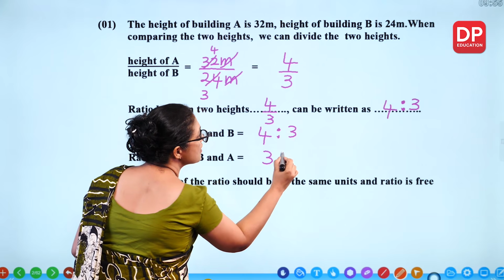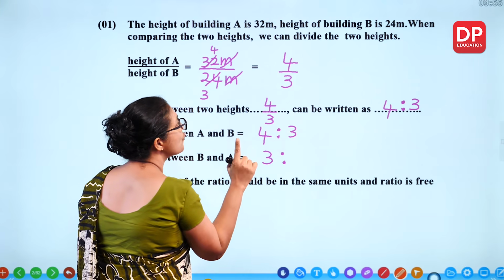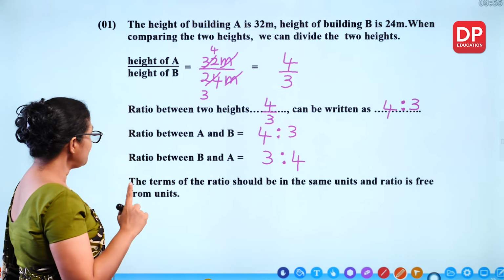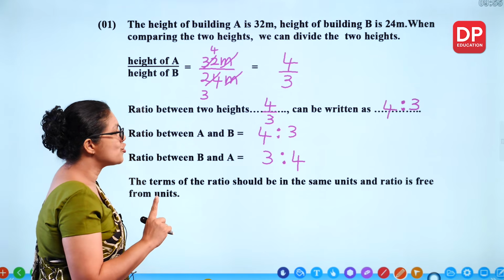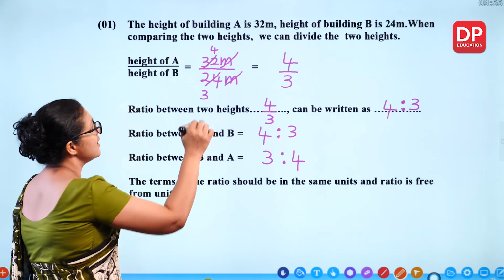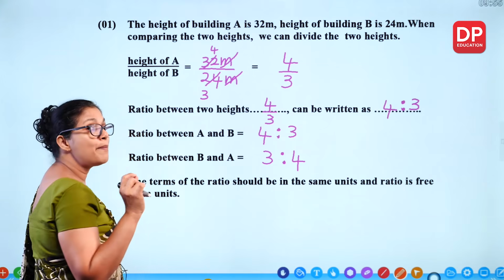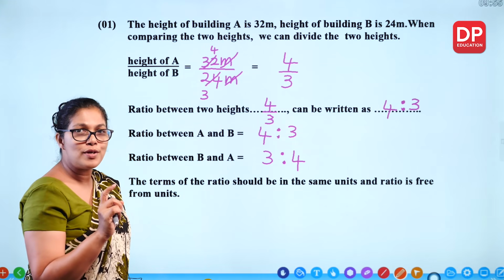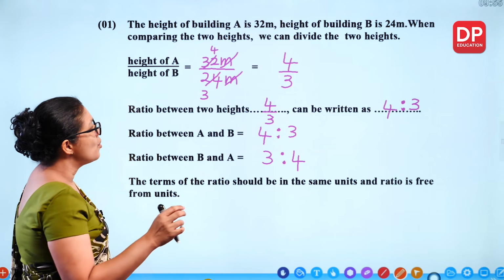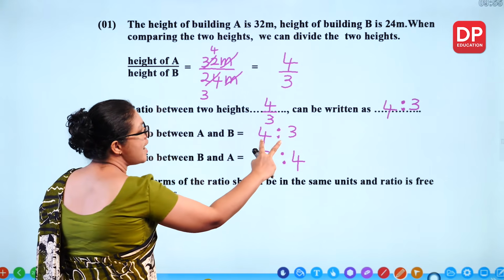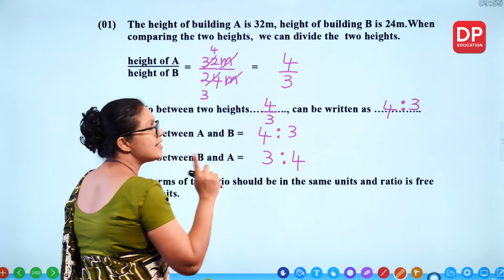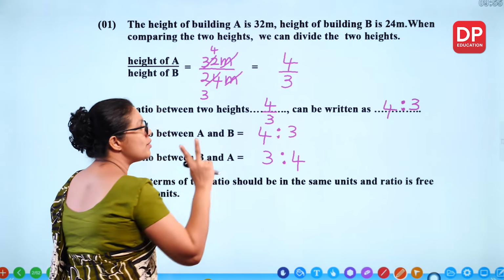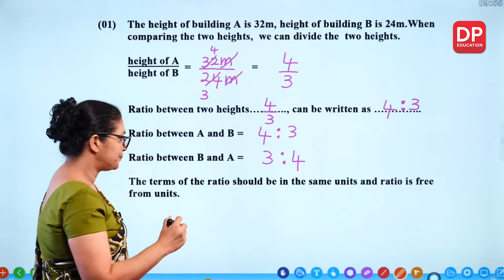Other way around, because the fraction becomes 3 over 4, the ratio is 3 to 4. The terms of the ratio should be in the same units. In this case, both are in meters. And a ratio is free from units. So when you write a ratio, we don't write the units because we have to assume that both units are the same.